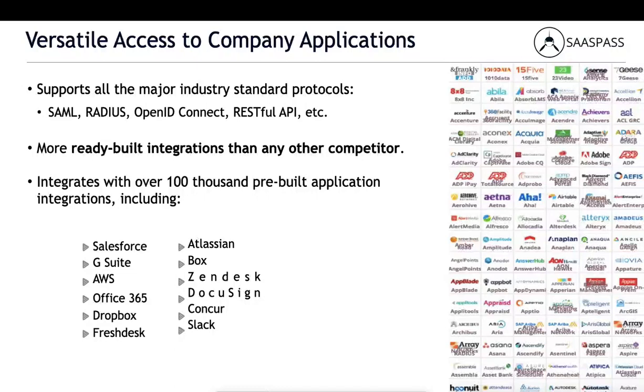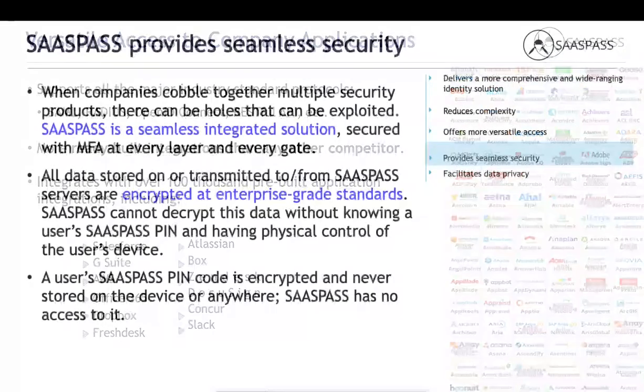Also, with its generic SAML, generic RADIUS, and other generic and custom protocols that you can use, and with adding the other protocols, it is even over 100,000 pre-built application integrations. Some examples of the main popular applications that could be integrated with SAASPASS as pre-built are Salesforce, G Suite, AWS, Office 365, Dropbox, etc.